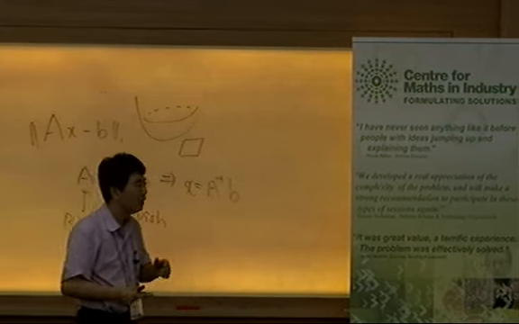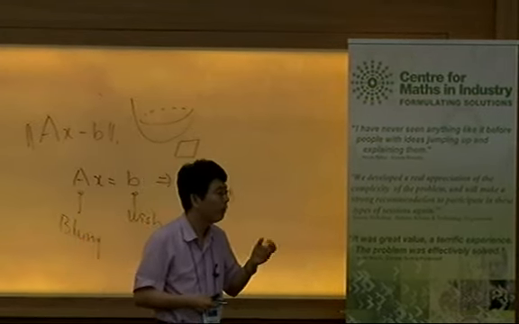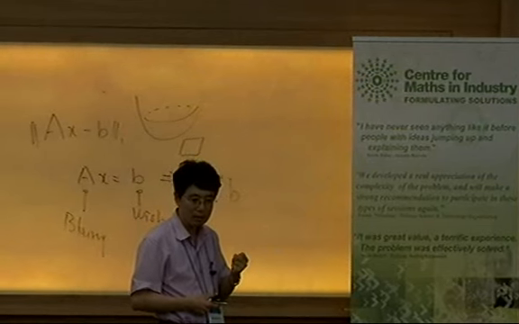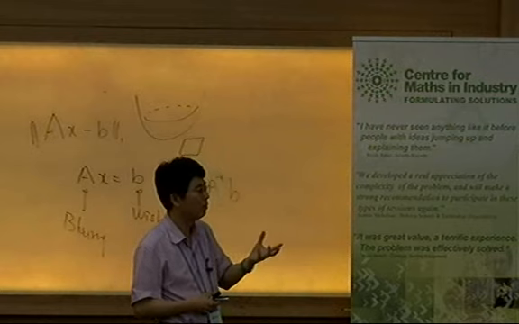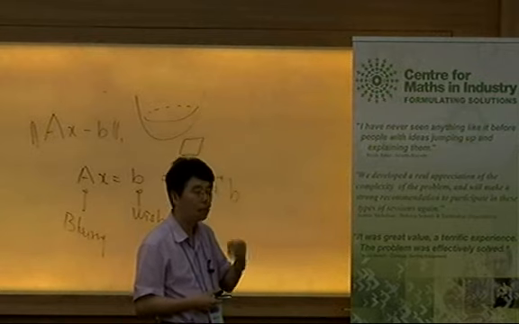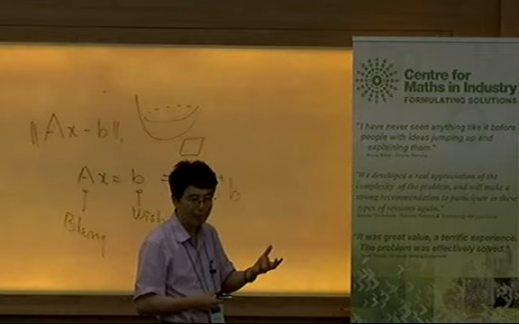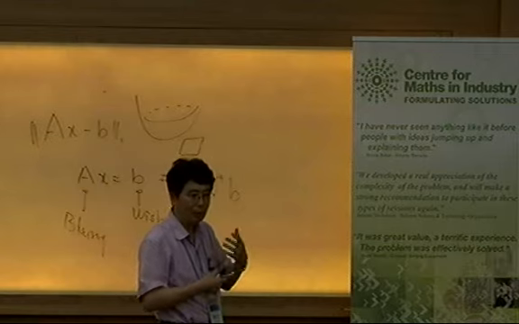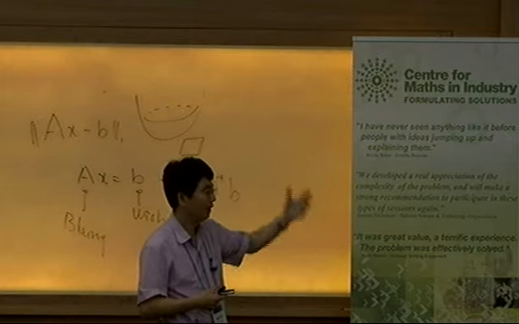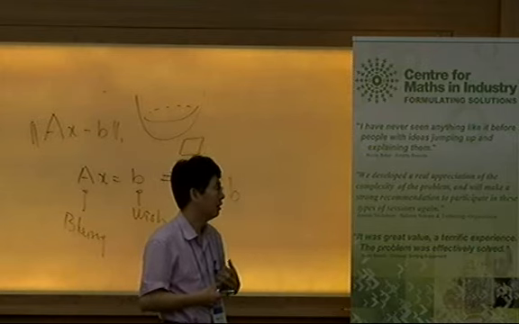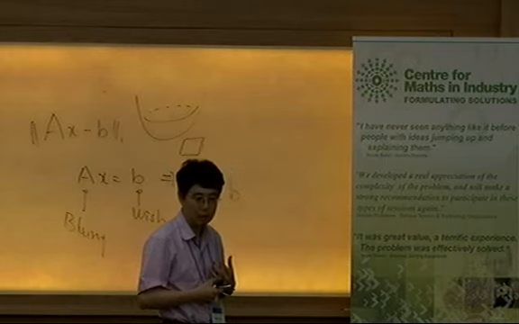So our goal is to find a fast method. That means we want to look at some algorithms developed in the optimization world. We tested a lot, but that does not give us satisfactory results.